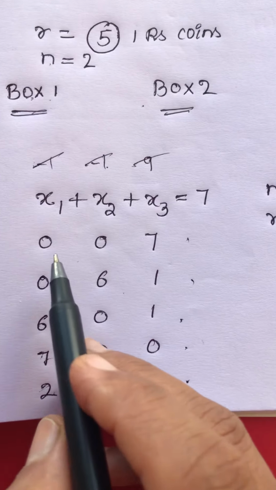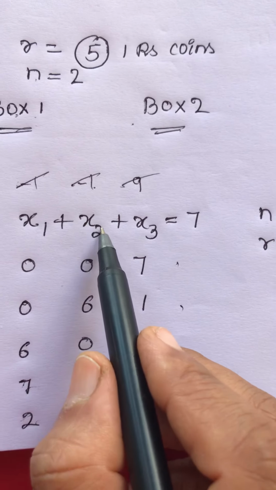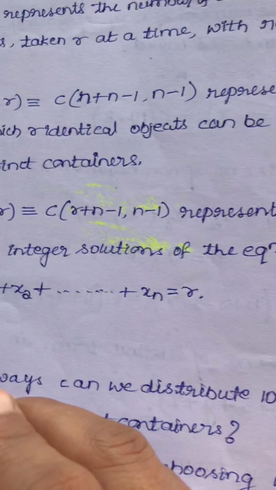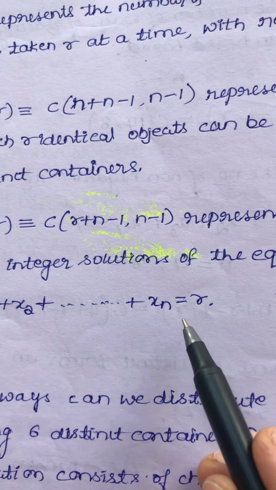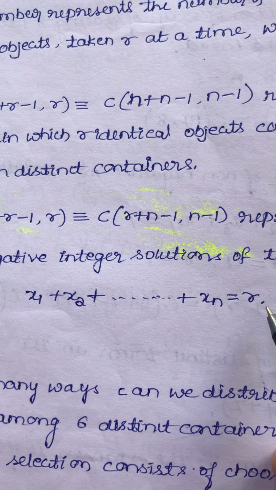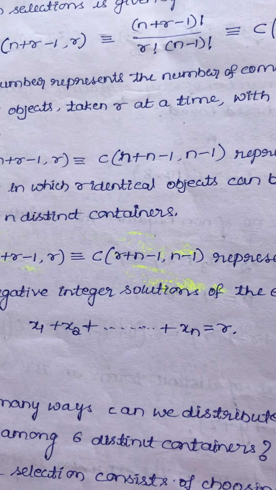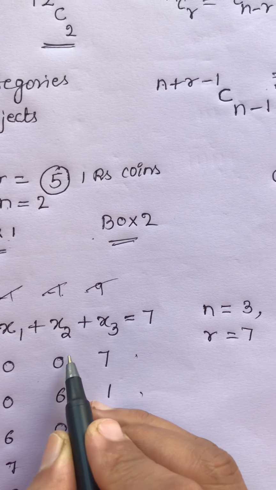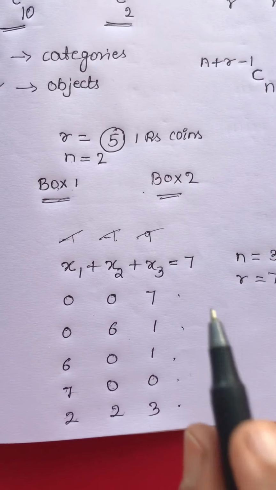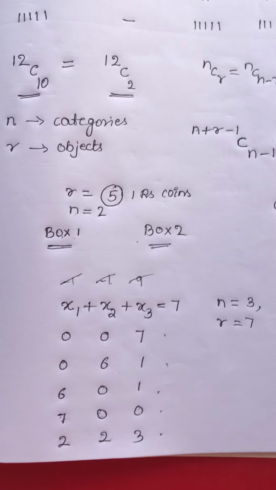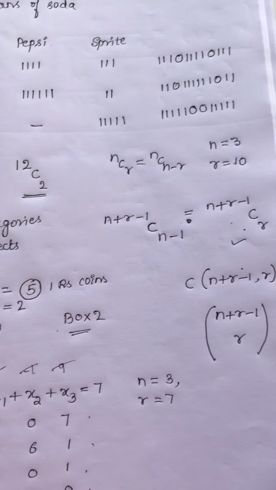We also use it for finding non-negative solutions of an equation x1 plus x2 plus etc. up to xn equals r. Non-negative integer solutions. We won't take 0.2 here, 0.8 here and then 6. No, integer solutions. Okay, so that's about combinations with repetitions.